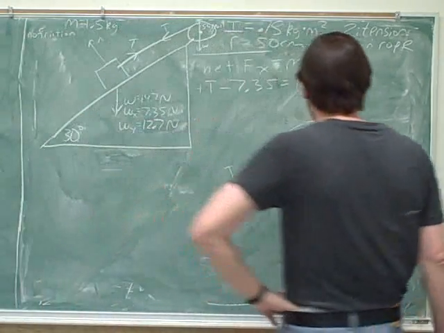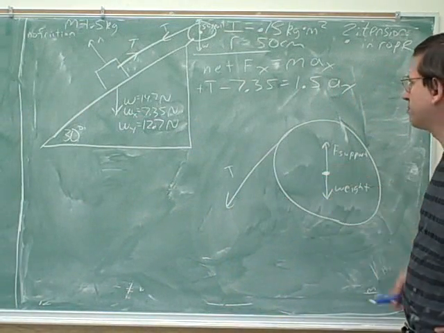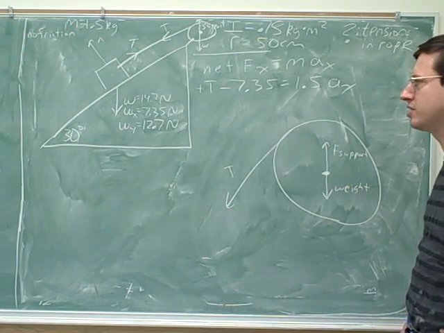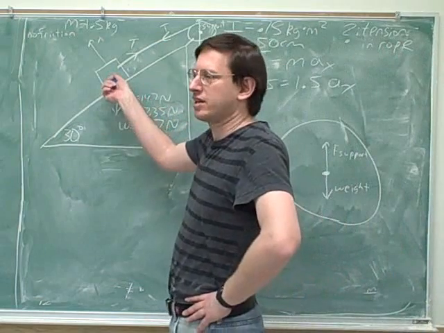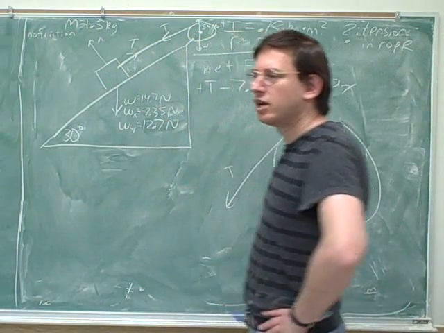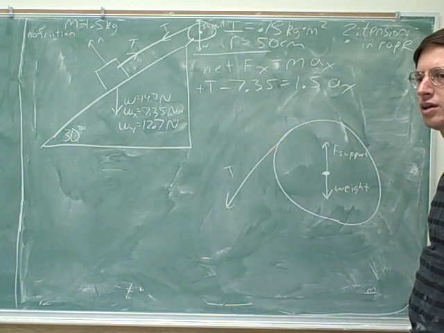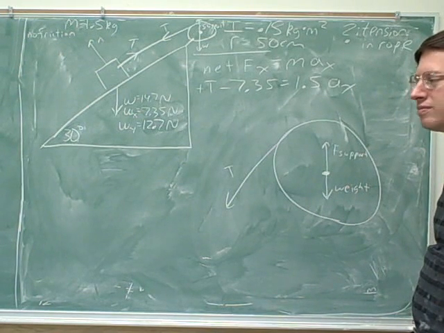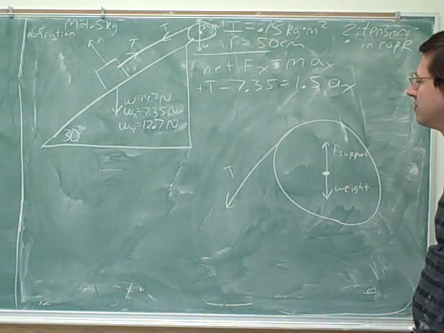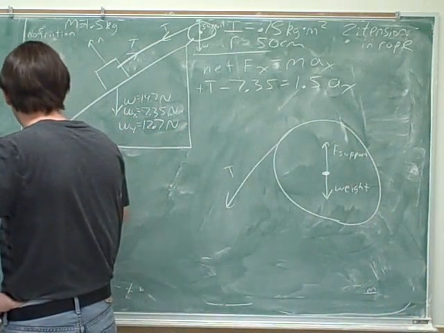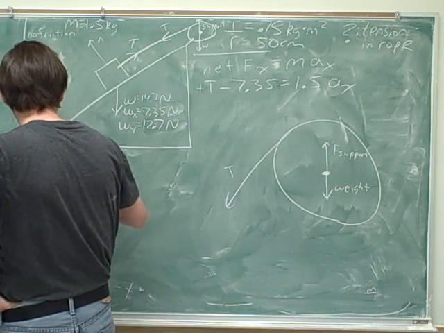Now, what are we going to be focusing on here for the pulley, translation or rotation? Rotation. This guy would be translating, but the pulley would be rotating. What's the version of Newton's second law for rotation? Net torque equals I times alpha.